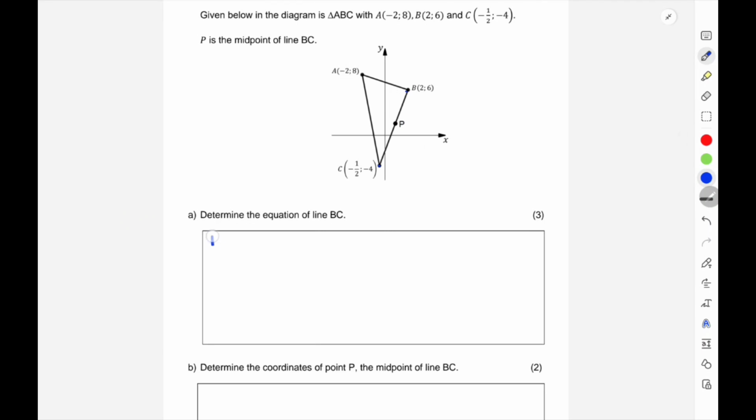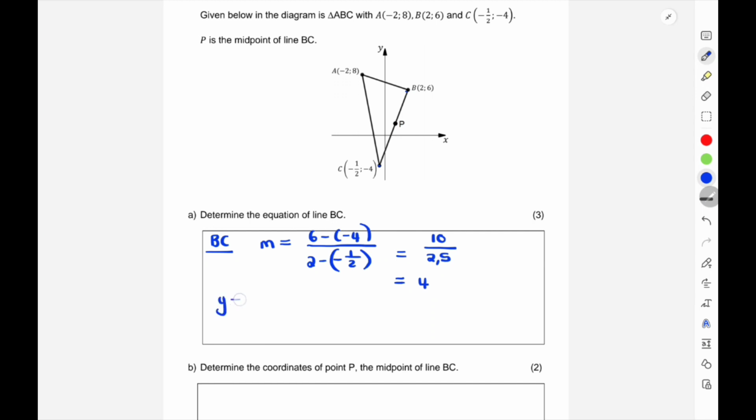So for BC, I first want to find the gradient, which is change of y over change of x, which gives you 6 plus 4 is 10, over 2 plus 0.5, which gives you 2.5, and 10 divided by 2.5, just want to make sure, is 4.